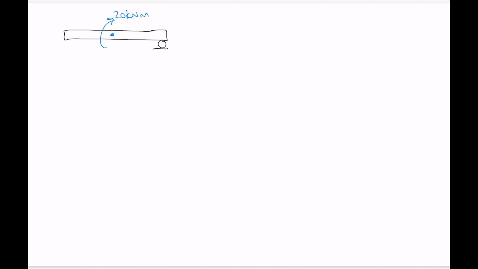And we'll have a roller on that end and a pin on that end, and we'll say that this distance from the roller to the point moment is 10 meters, and the distance from the point moment to the pin is also 10 meters. Okay, then we've got BY here and AY here.